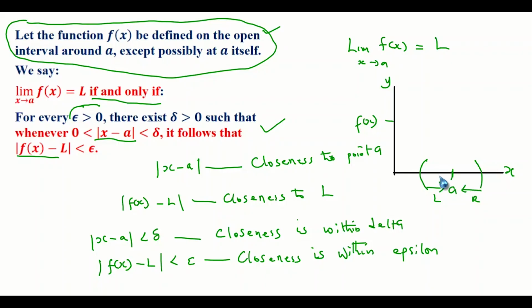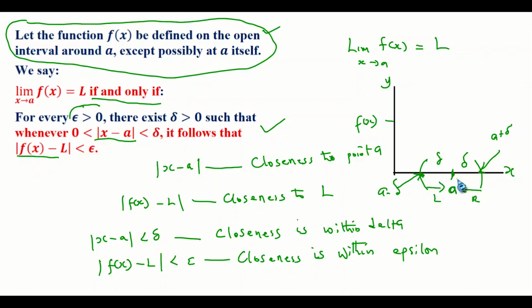So this is point A. From this point to this point is your delta, and from here to here is also delta, because they are equidistant from point A. And of course, this particular point will be a plus delta, and this particular point will be a minus delta.